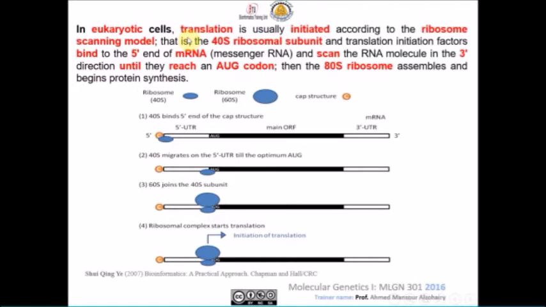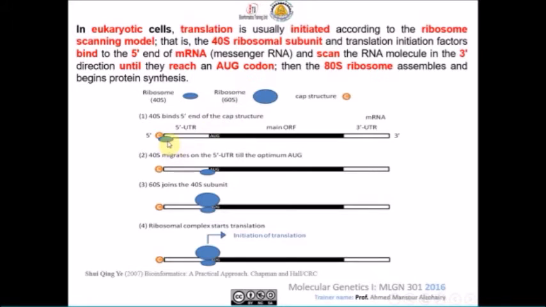In eukaryotic cells, translation is usually initiated according to the ribosome scanning model. Now, what is the ribosome scanning model? The 40S ribosomal subunit, which is a small subunit, and the translation initiation factors bind to the 5' end of the messenger RNA and scan the RNA molecule in the 3' direction until they reach the AUG codon.